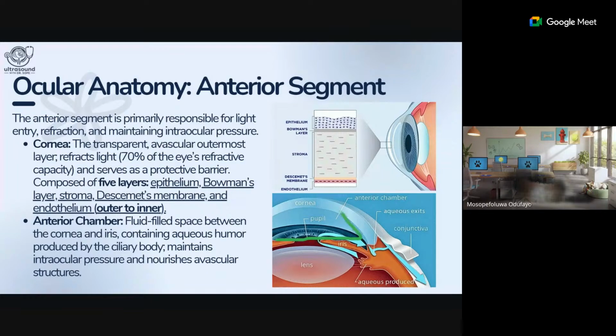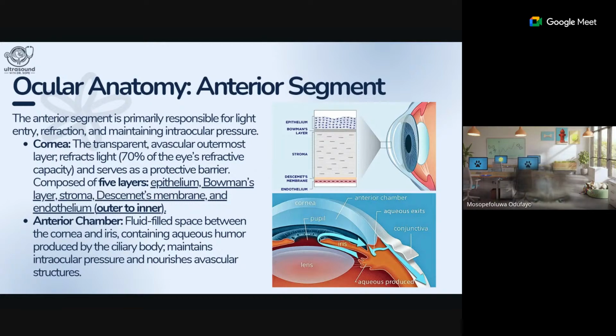It's filled with fluid, and the fluid here is called the aqueous humor, and it is produced by a particular portion joined to the iris called the ciliary body. And this fluid is what helps maintain intraocular pressure. We'll talk about it in more detail.